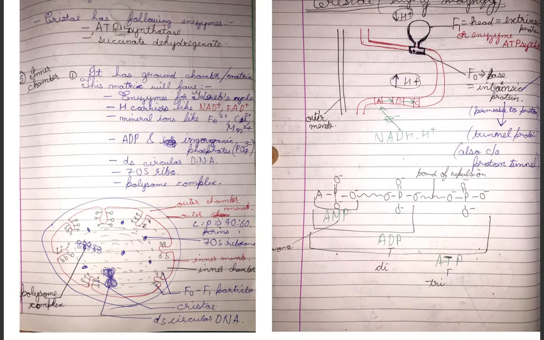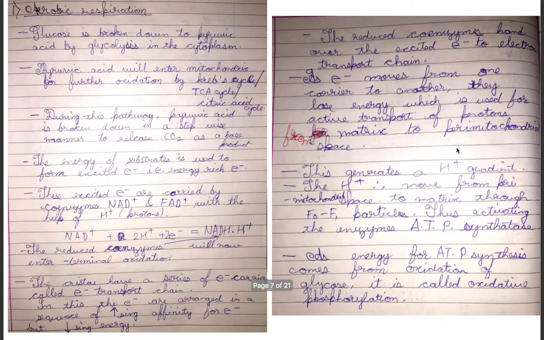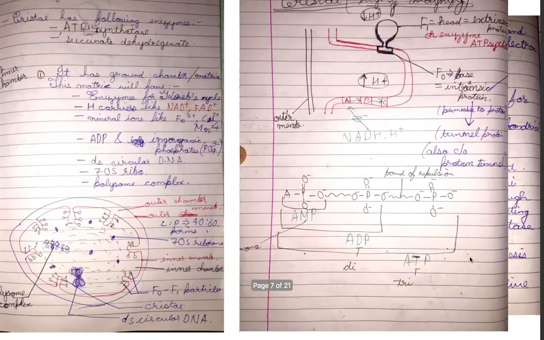The protons go out through the F0 F1 particles to the matrix, and ATP synthesis starts, from the oxidation of glucose, and that is why it is called oxidative phosphorylation. And that is how ATP gets formed.